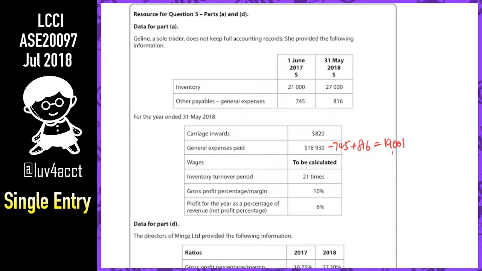Okay, that means we have cost of sales. If we have cost of sales, we can calculate everything. Okay, good. Okay, so I would like to change this. Okay, not single entry, but to sole trader. Okay, because for single entry we use the balances and everything to help us find. Okay, this is simply to create the statement of profit and loss.